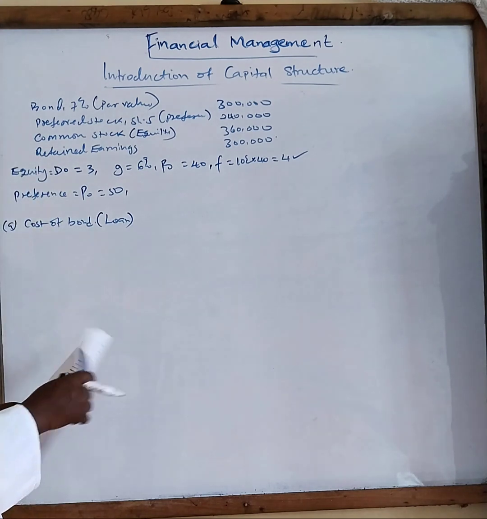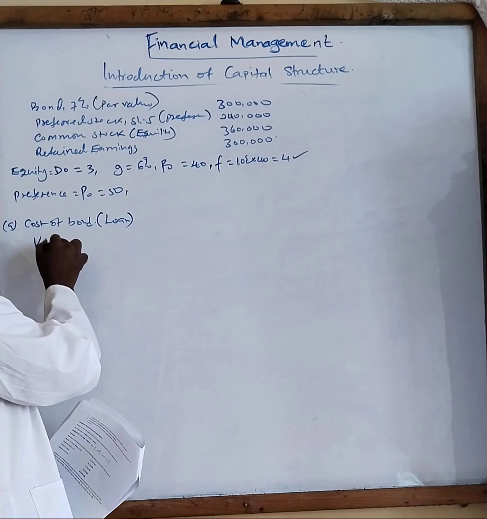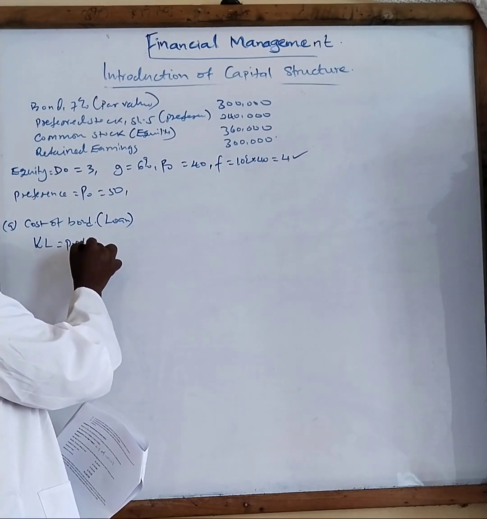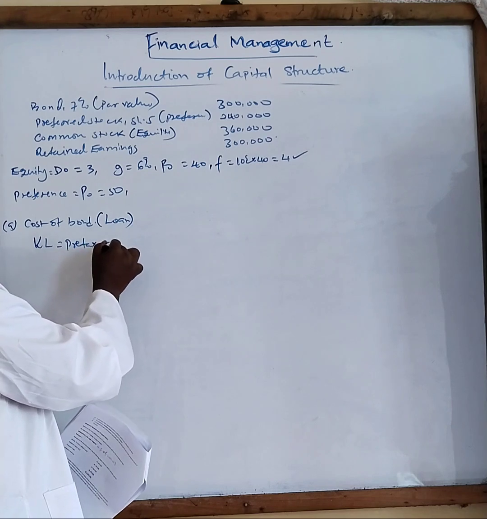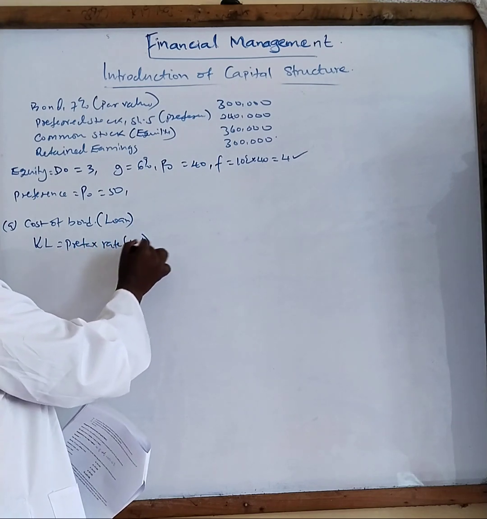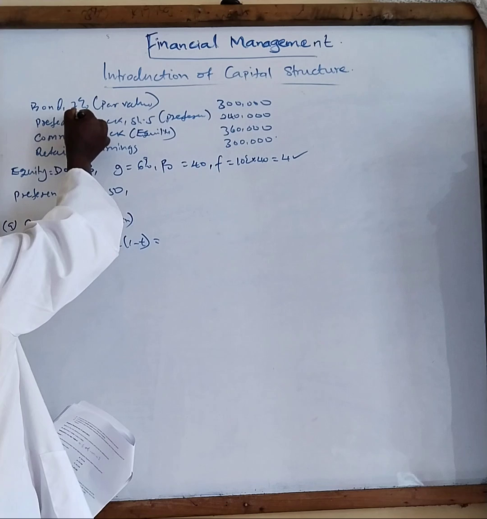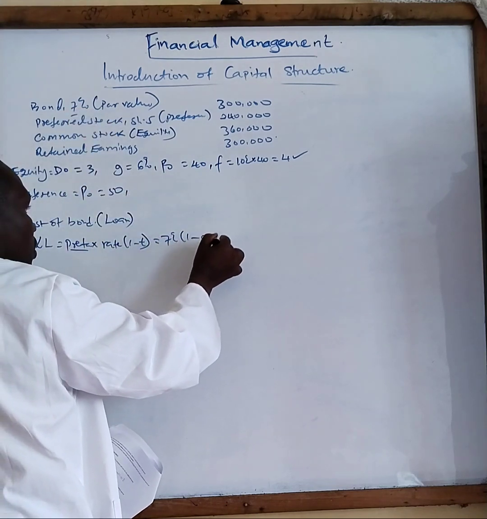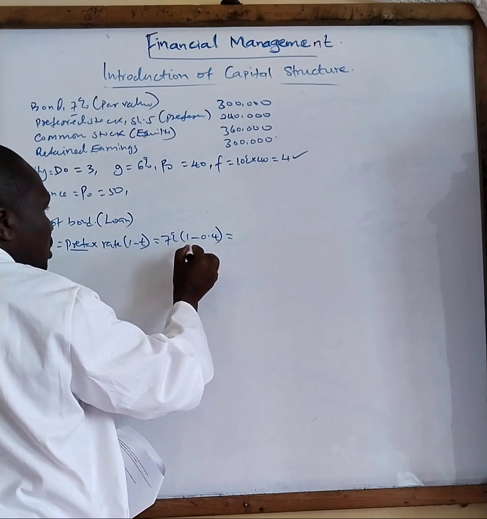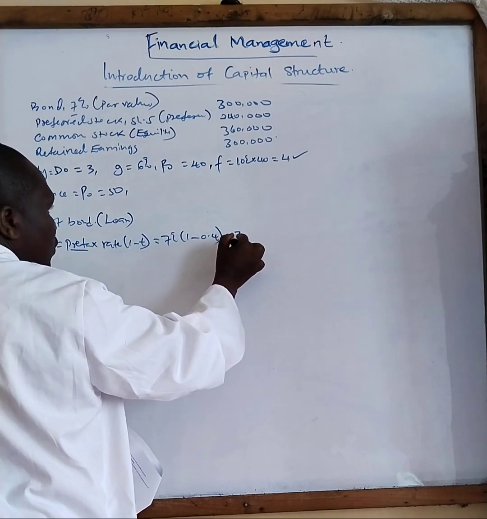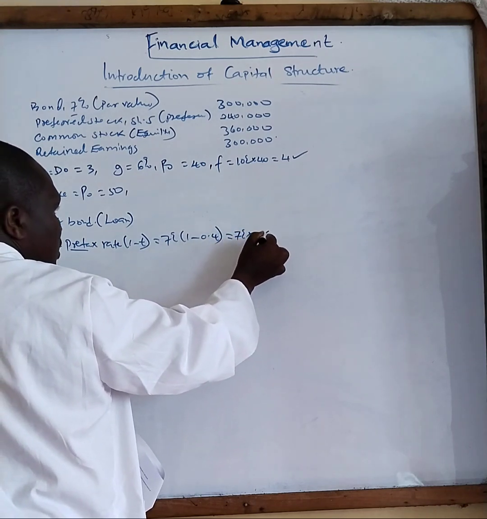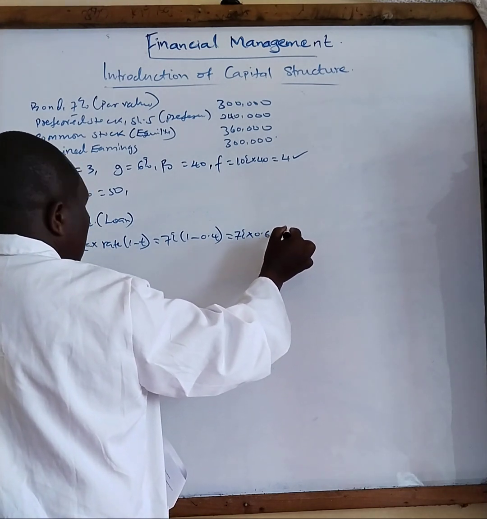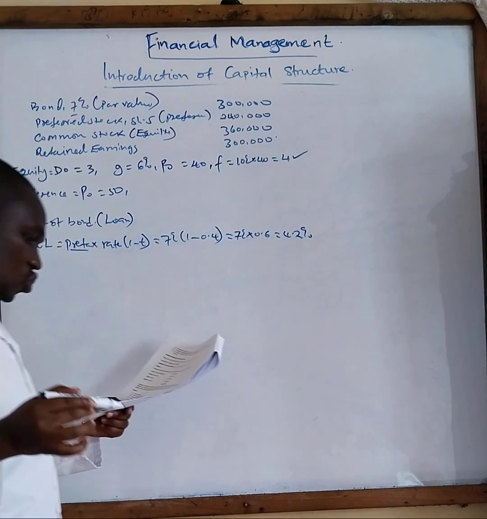So if that is the case, the cost of the loan is given by pre-tax rate times (1 minus T), which is now pre-tax rate, that one, 7% times (1 minus 0.4). This gives you 7% times 0.6 will give you 4.2%.